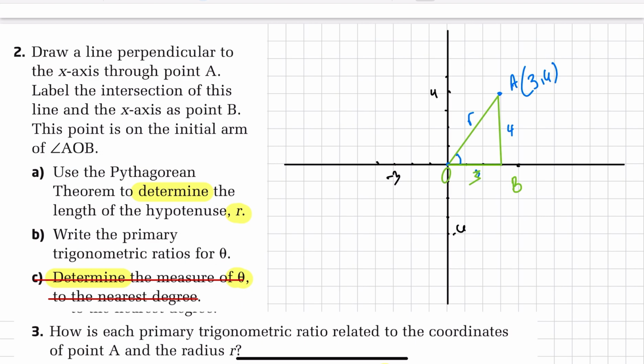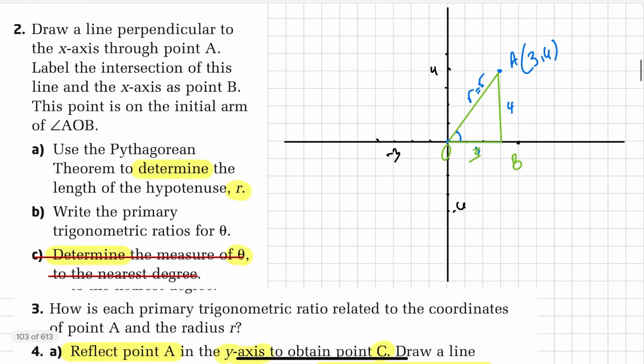So now we need to calculate R. To calculate R, we need to use the Pythagorean theorem. So R square is equal to 4 square plus 3 square, which is 16 plus 9, which is 25. So our R is square root of 25, which is 5. We just found that, so let's remove this thing. We don't need them anymore.